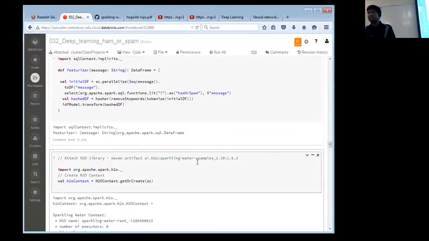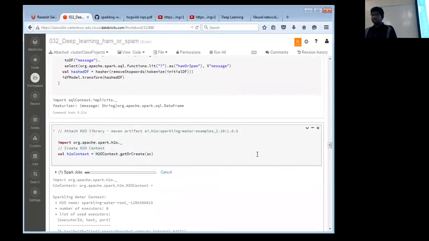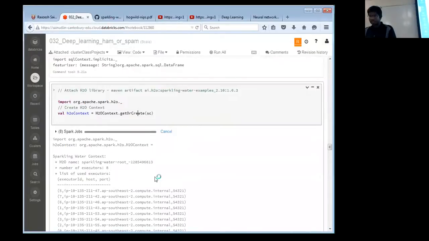Now this is the part where we are attaching the H2O library. So we have imported H2O and then we are creating an H2O context. H2O has really good logging, I must say. It will tell you all the nodes to which it's attached and all of that stuff. So let's wait for this command to finish.